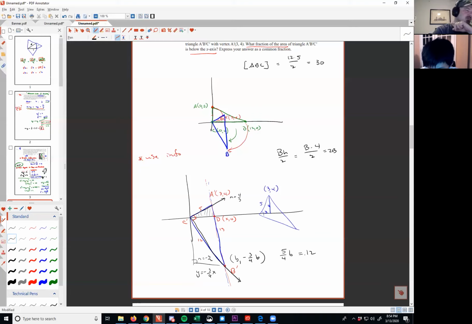I want to make sure that you're comfortable with that before we move on, because that is probably the toughest detail piece. 5/4 of b equals 12. So b is 48/5.